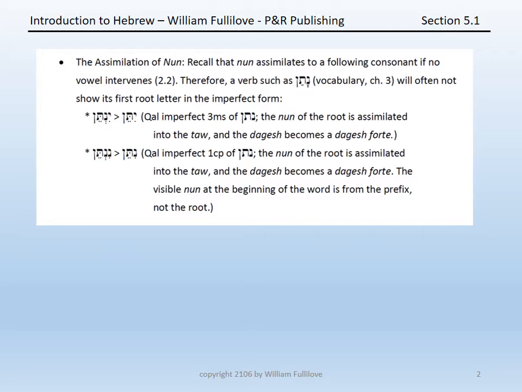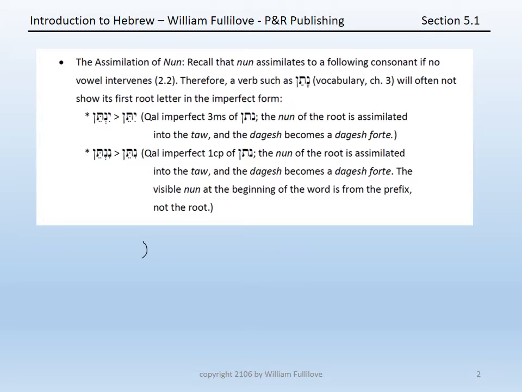The first of these is the assimilation of nun. Recall from Chapter 2 that if no vowel intervenes, a nun will assimilate to the following consonant. Therefore, a verb which begins with a nun as its first root letter will often not show that letter in the written form, because in the imperfect it will have assimilated.